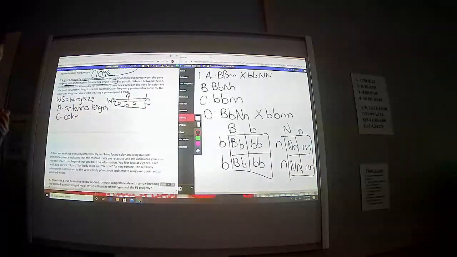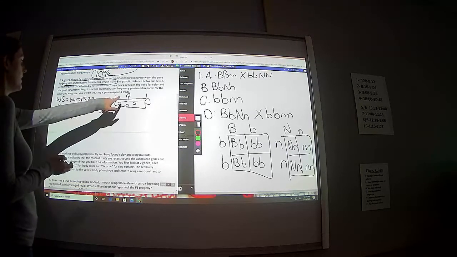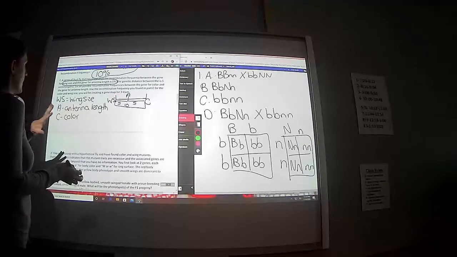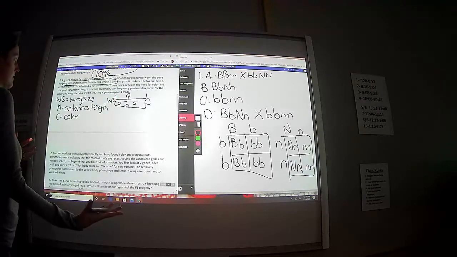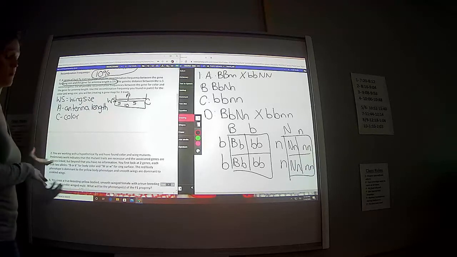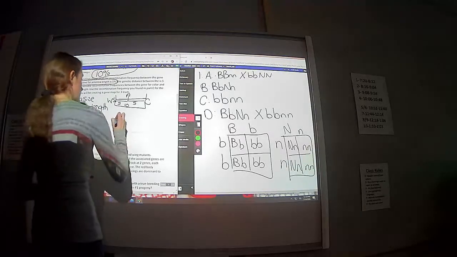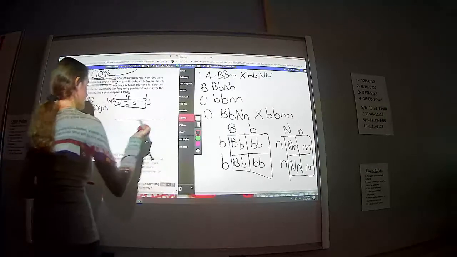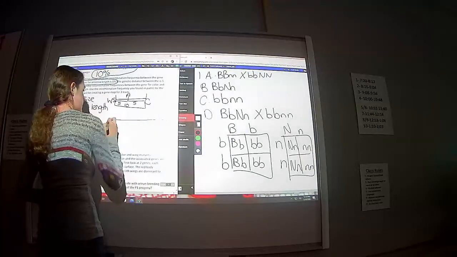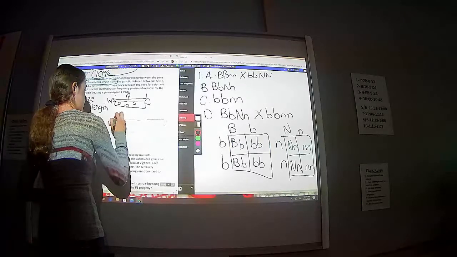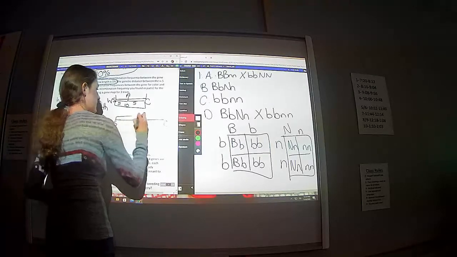That's one possible option. Now there is another way you could go about doing this because we're not sure really where the antenna length is relative to color. We don't know if it actually is just 5 or maybe it is more like 15. So we could create another map where I have color and wing size again.